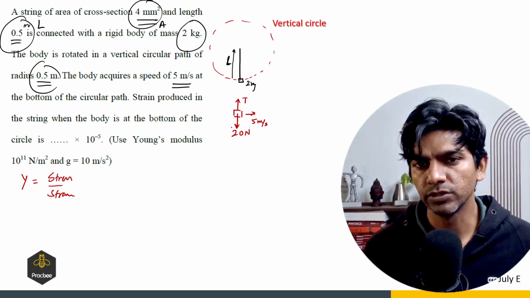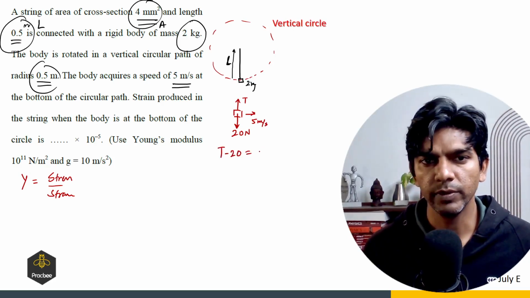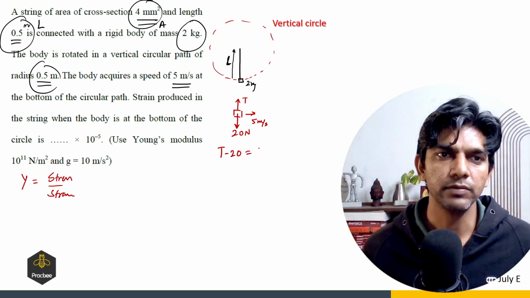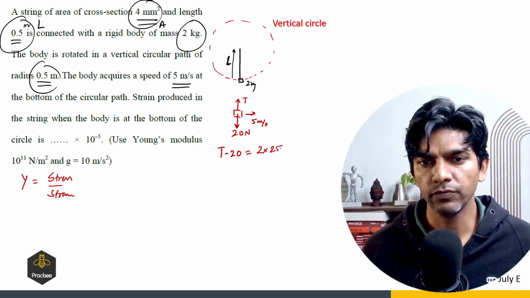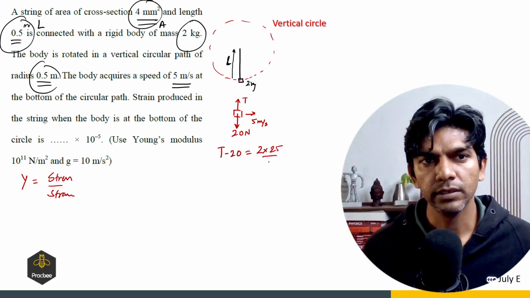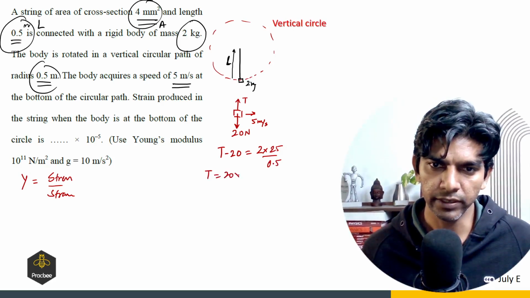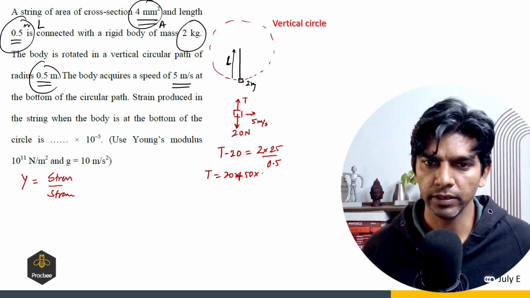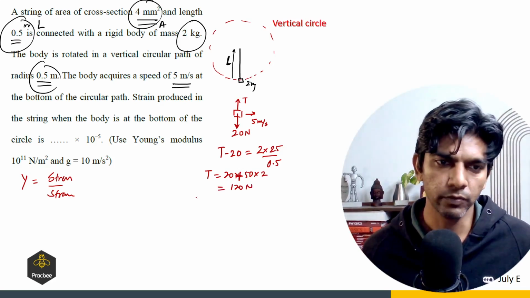The centripetal force will be T minus 20, equal to mv square by R. Mass is 2, V is 5, so 25, R is 0.5. So T comes out to be 20 plus 50 times 2, that will be 120. So the tension will be 120 Newton.